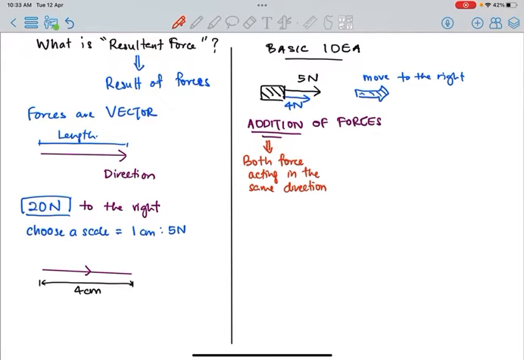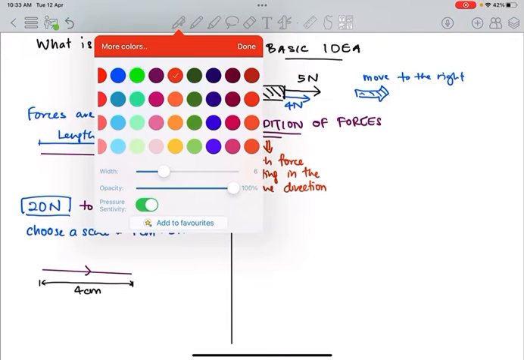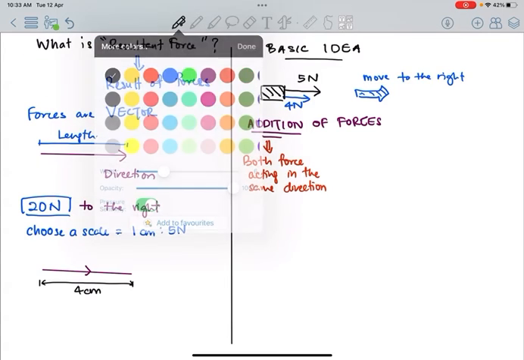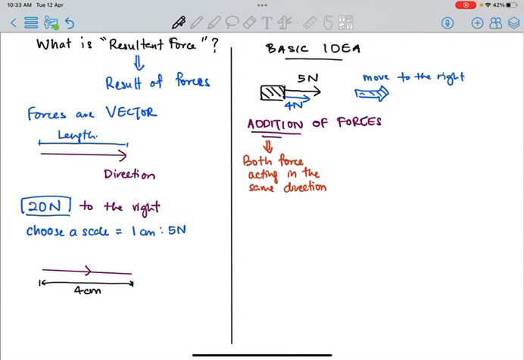For the case above, the 5 Newton force acting to the right, we can draw it based on the scale diagram we covered earlier. Let's say we choose a scale where 1 centimeter represents 1 Newton. The first force will be a 5 centimeter line pointing to the right.